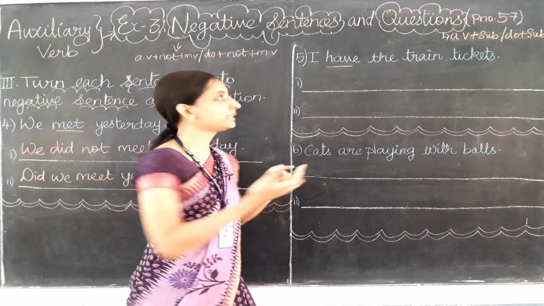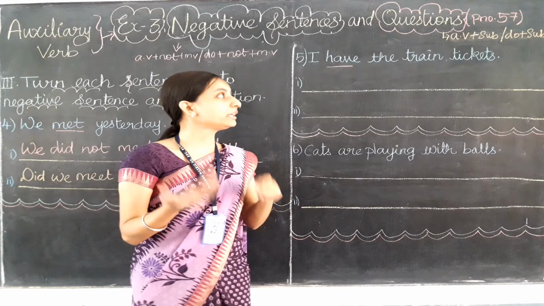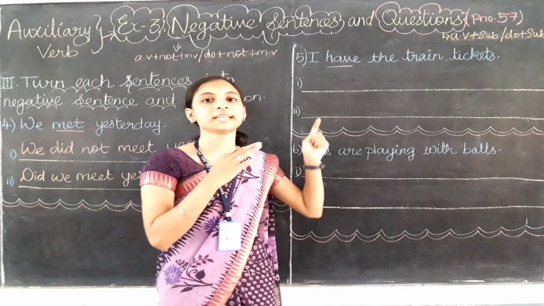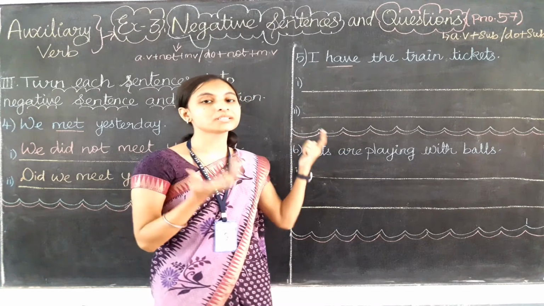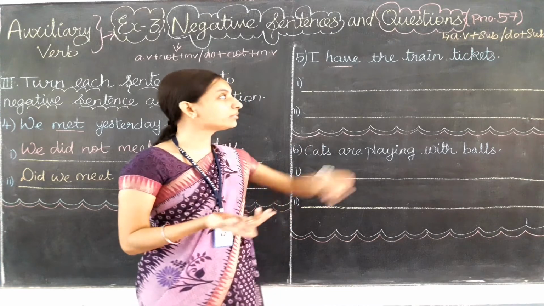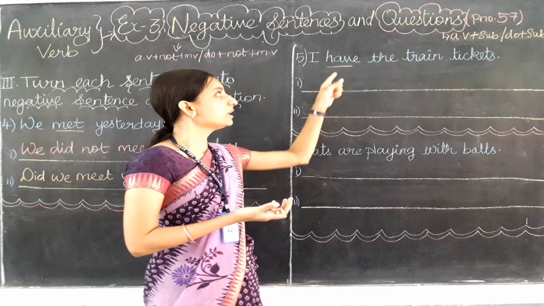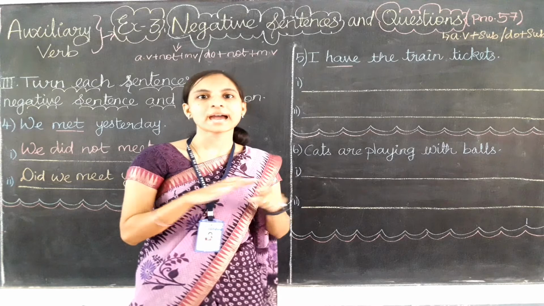It means that here the verb have is acting as a main verb only, not an auxiliary verb. Okay, it means irukkiradhu, vechirukkiradhu. It is acting as a main verb, not an auxiliary verb, because an auxiliary verb always comes with the main verb. So no main verb means no auxiliary verb. So here this have is a main verb. It means there is no auxiliary verb.